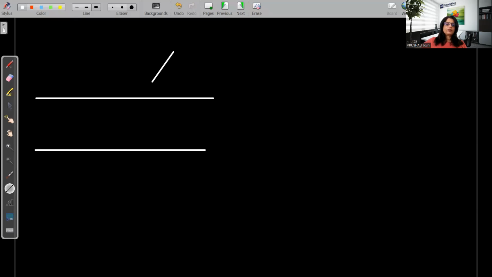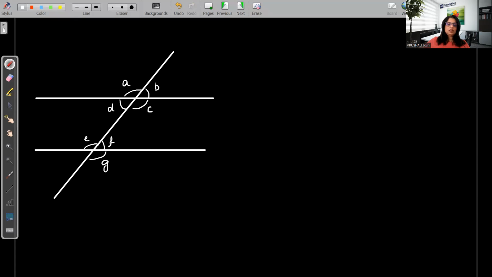Okay. So let's take this line and this line, and see some properties of parallel lines. Say this is angle A, as I said, this is angle B. This is angle C, and this is angle D. Then let's take this angle E, angle F. This is angle G, and this is angle H. So when a transversal intersects two parallel lines, how many angles will it form?